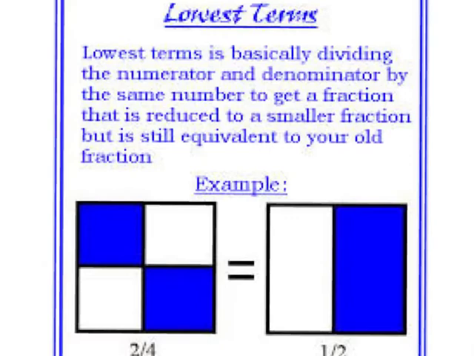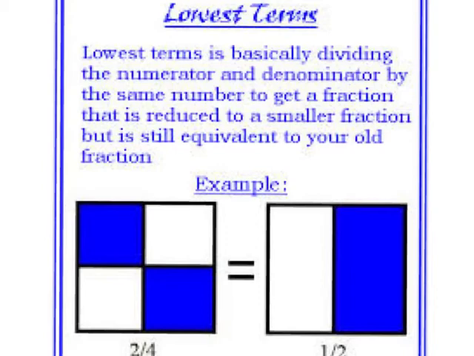All right, you'll see in your directions in a little while that we are to reduce the fraction to its lowest terms. Lowest terms is basically dividing the numerator and denominator by the same number, top and bottom, to get a fraction that is reduced to a smaller fraction, but still equivalent to your old fraction.